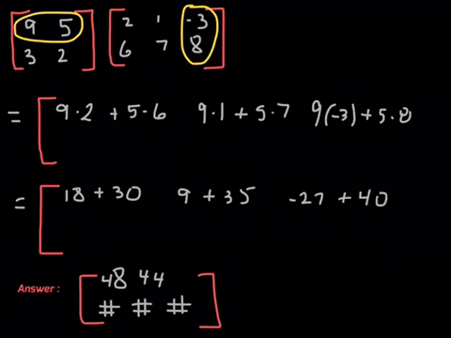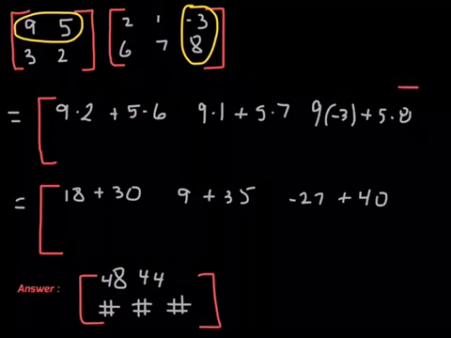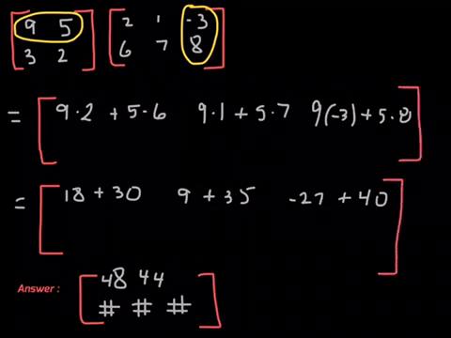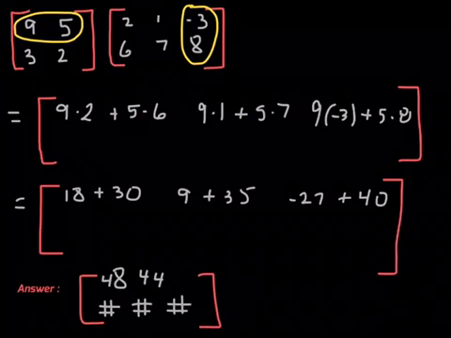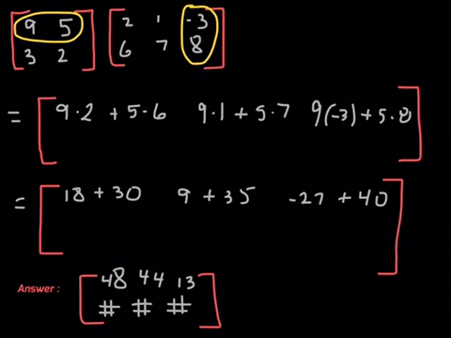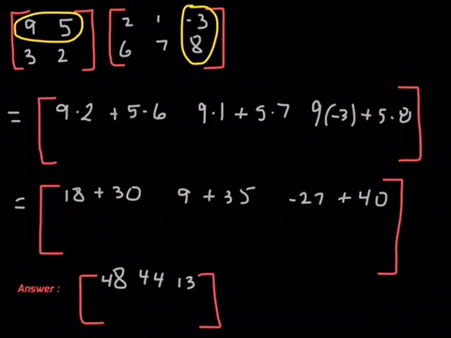Let me close that bracket there for us. And negative 27 plus 40 is 13. So that's what this number is going to be right there. Cool? I'm hoping that you're getting how this process works. So we got the first row of our product to be 48, 44, and 13.